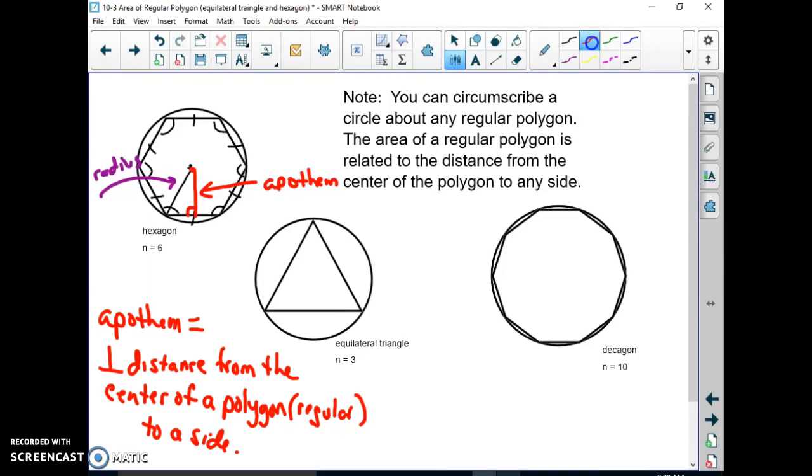So each one of these regular polygons will have both a radius and an apothem. Right here, from the center of my polygon out to the vertex is my radius. And then from the center of my polygon perpendicular to a side is my apothem.